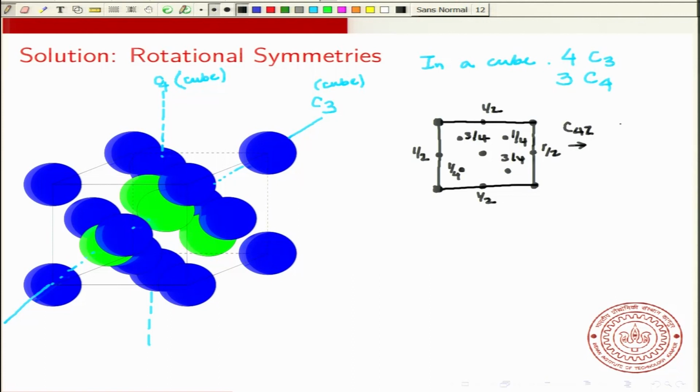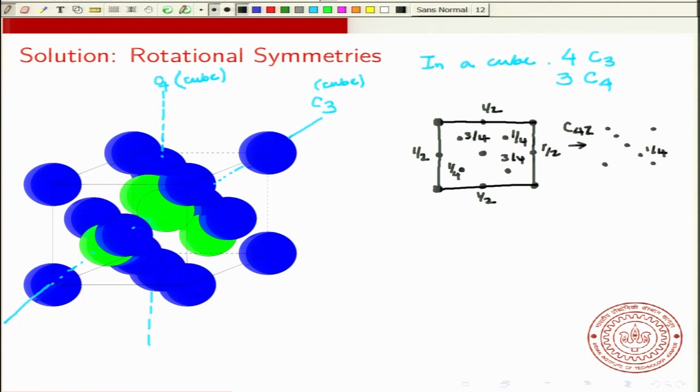then what you will get is, and I will just show it, the corners. I'll show it a little smaller. So you have the corner atoms, you have the face center, and now this 1/4 actually comes here. So these are the 2 1/4s.